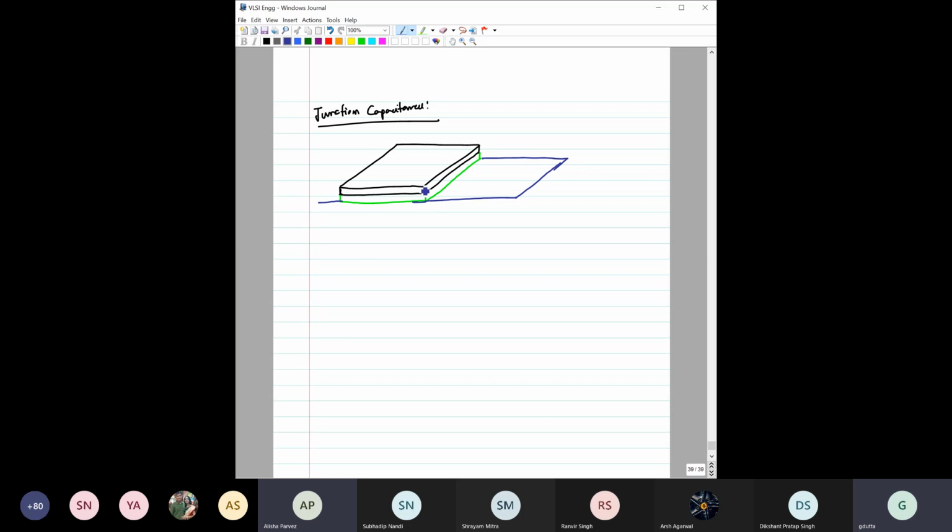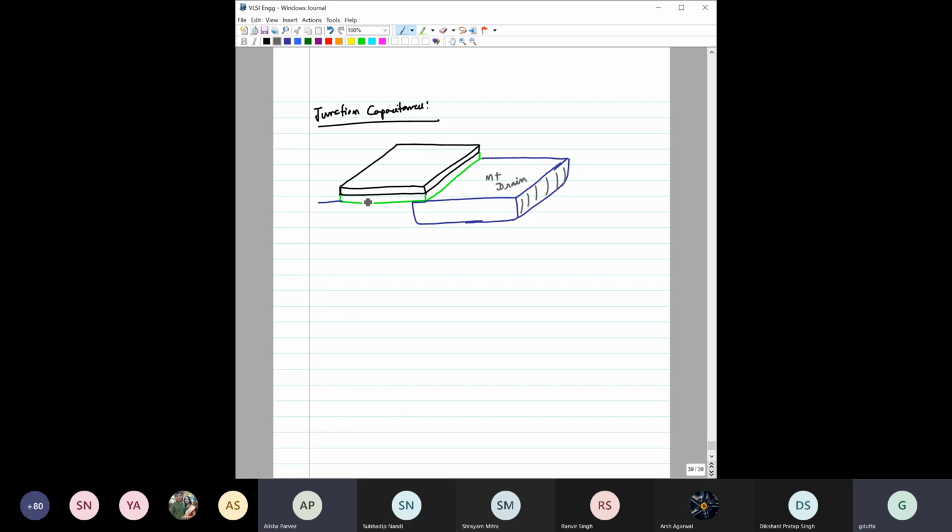There will be some overlap between the gate and drain, so I am trying to draw it like this. I hope from my drawing it is somewhat clear what I am trying to draw, right? So this is basically that N plus drain region. The same thing will also be there on the source side.